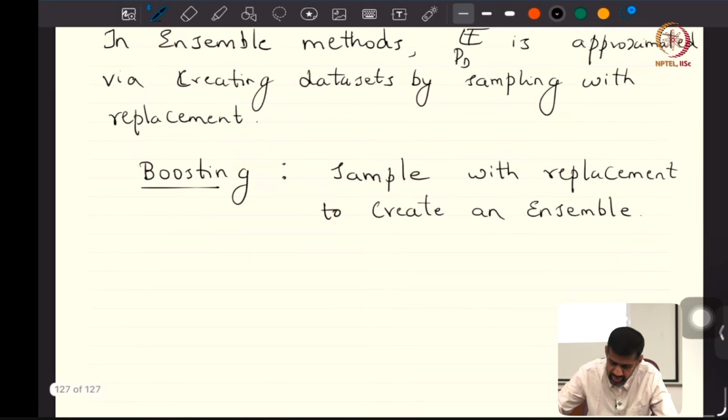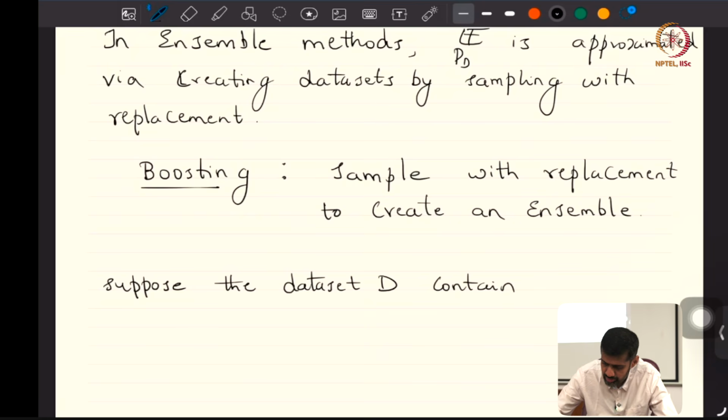Now, if we do this, then suppose data set D contains n samples.